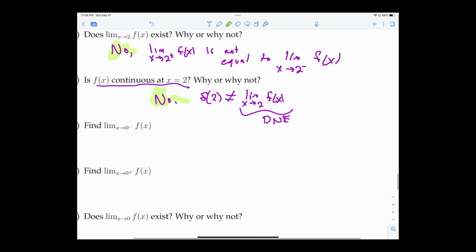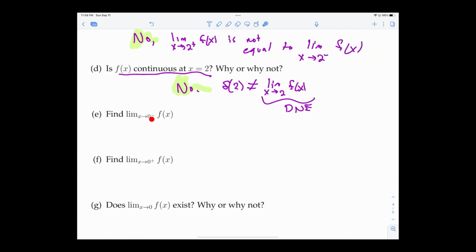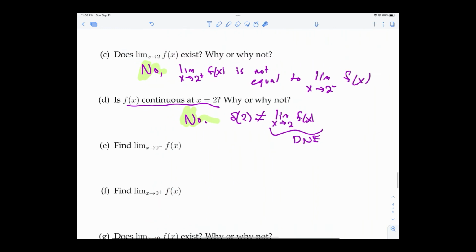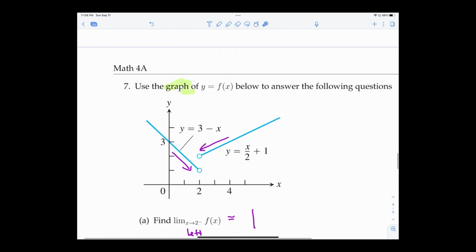All right, more of these. Now we're going 0. 0 from the left, 0 from the right, two-sided limit. Where is 0? We're talking about the x value of 0. So when you do the limit from the left, that's this. And when you do the limit from the right, that's this.